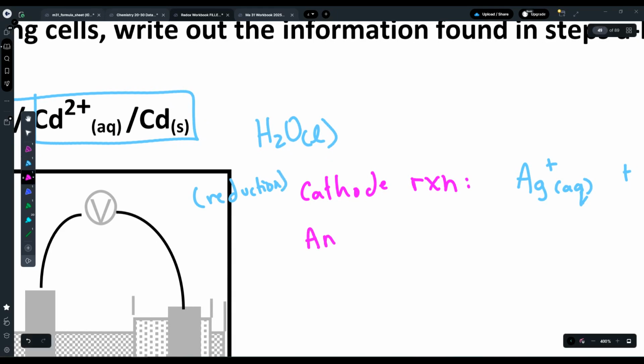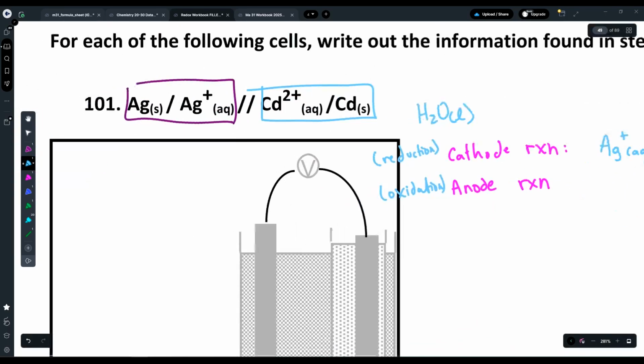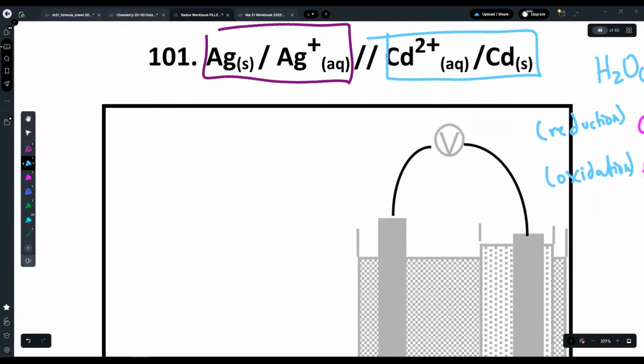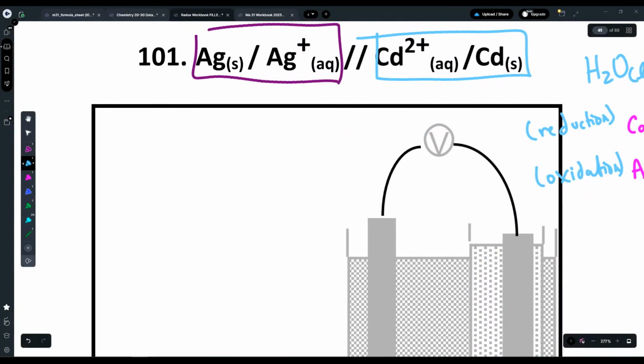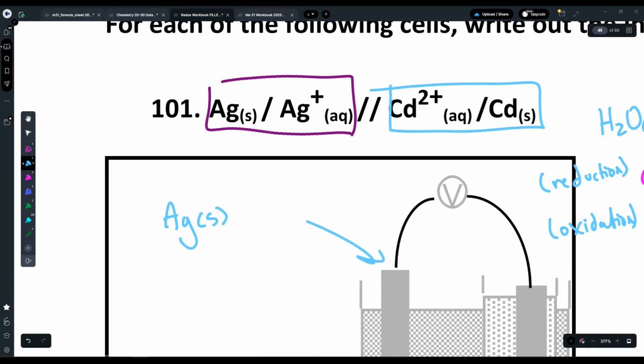Meanwhile, your anode reaction is going to be where oxidation occurs. Okay, so on this diagram, I'm also going to make sure to label everything here. Okay, so arbitrarily, I'm going to say that this one right here, that's our silver solid strip. So that's going to be our cathode.